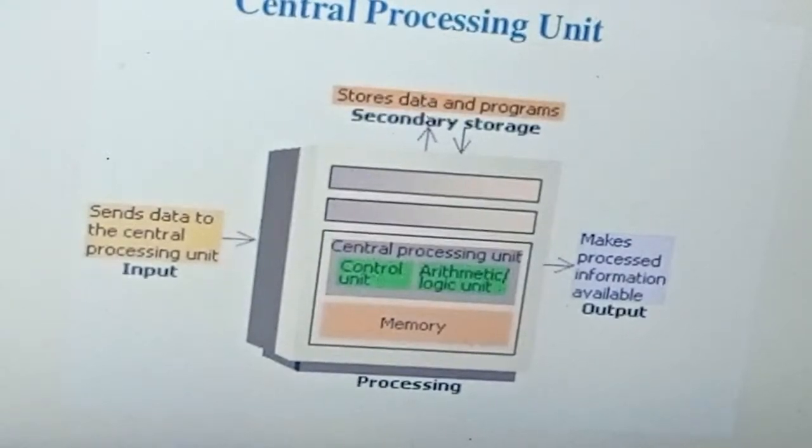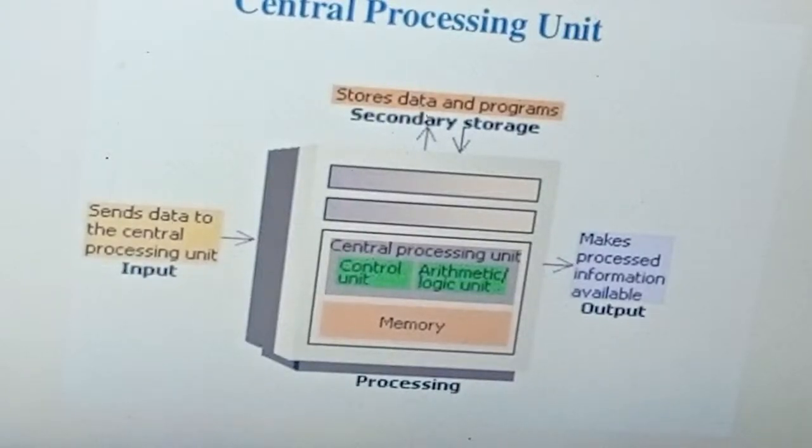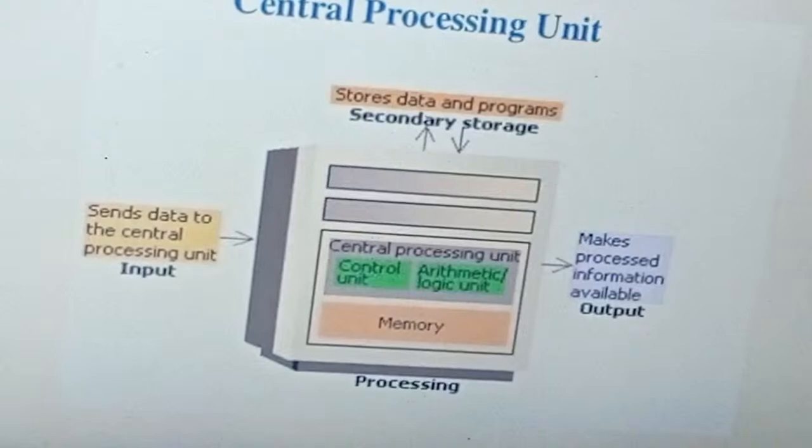That is, the ALU is given control and performs the actual operation on the data.